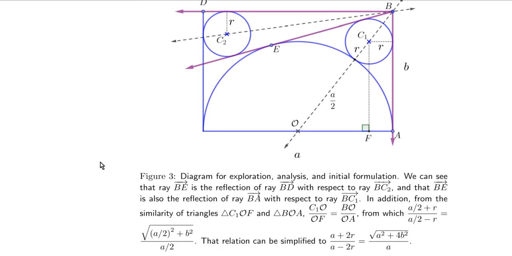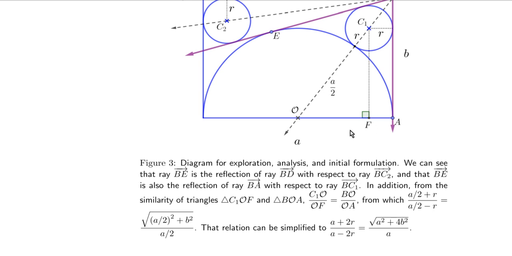Another thing we see here is that by doing just basic similar triangles, we can see that this length divided by this length is equal to that length divided by that length. And if we write that down in terms of A, B, and R, and do a little simplification, we come up with this equation which we'll use later.